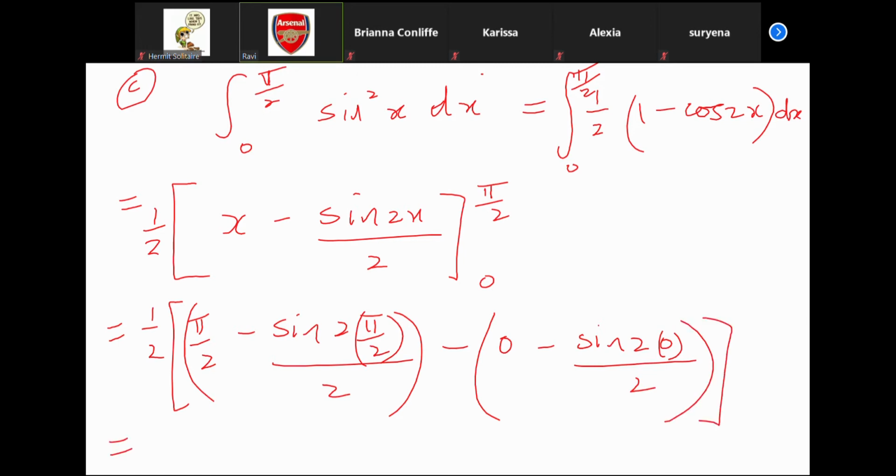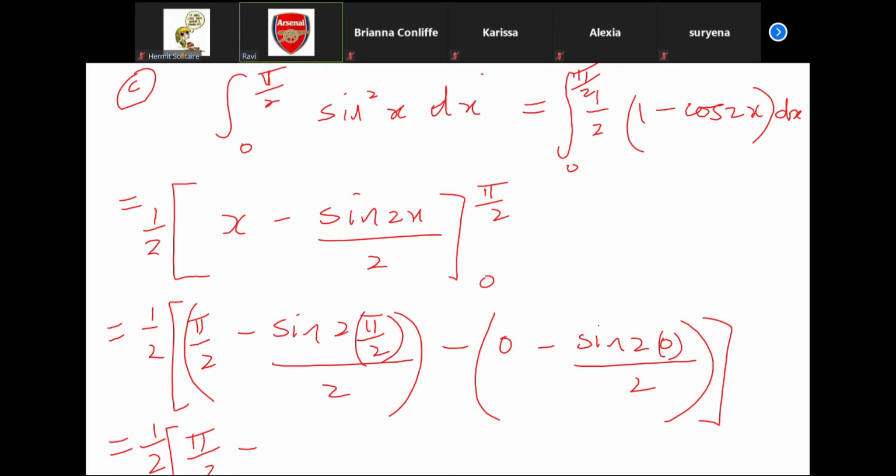This is nice and easy because look at what happens here. This is going to be a half into pi on 2, leave it alone. Remember this 2 will cancel with that 2 to leave sine of pi. Sine of pi is sine of 180, which is 0.